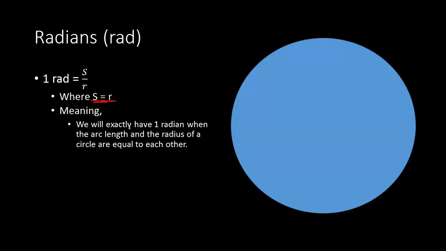It means that we will have exactly 1 radian when the arc length and radius of a circle are equal to each other. For example, you have a given central angle here, and a radius of 2 meters. The arc length here is also 2 meters.